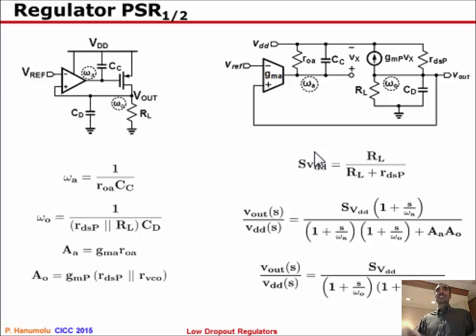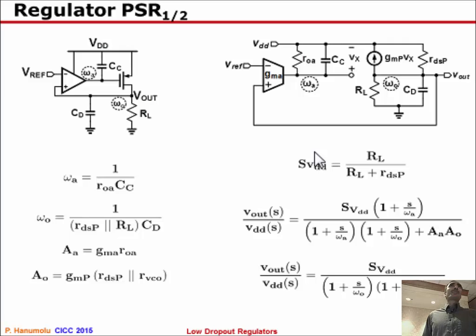Whatever I have done so far is somewhat hand waving, high level picture of what kind of an amplifier and what kind of output stage must be chosen. Now I'm going to dig a little bit deeper into what kind of power supply rejection performance one can expect out of an LDO that looks like this.